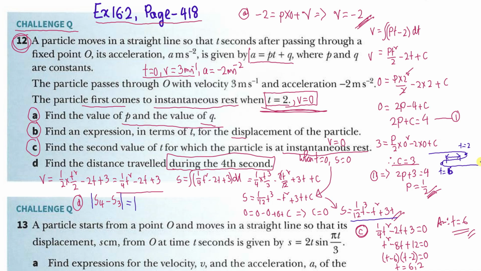So let me do it, which is 1 by 12 into 4 to the power 3 minus 4 square plus 3 into 4. That was the expression. Then we have to do that one. This is the first part, then minus of the second part, we can write it 1 by 12 into 3 to the power 3 minus 3 square plus 3 into 3.